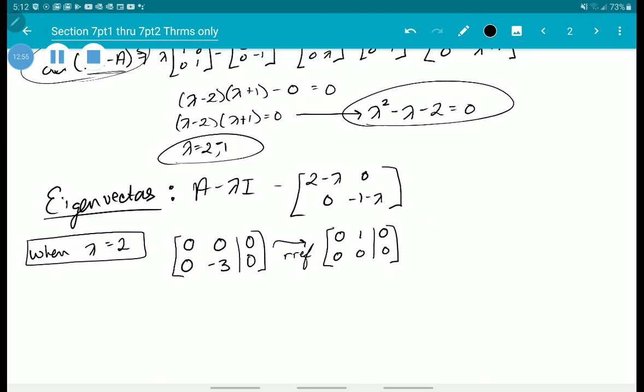So this says x2 has to be 0, which means x1 can be anything. So our eigenvector, we can think about it as x1, x2 is 0. But we really don't want to include the variable. So our eigenvector will be the vector 1, 0.